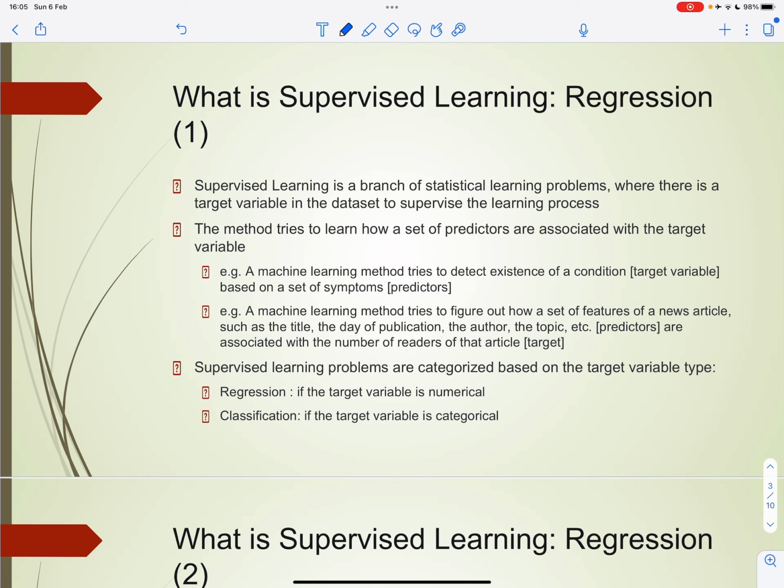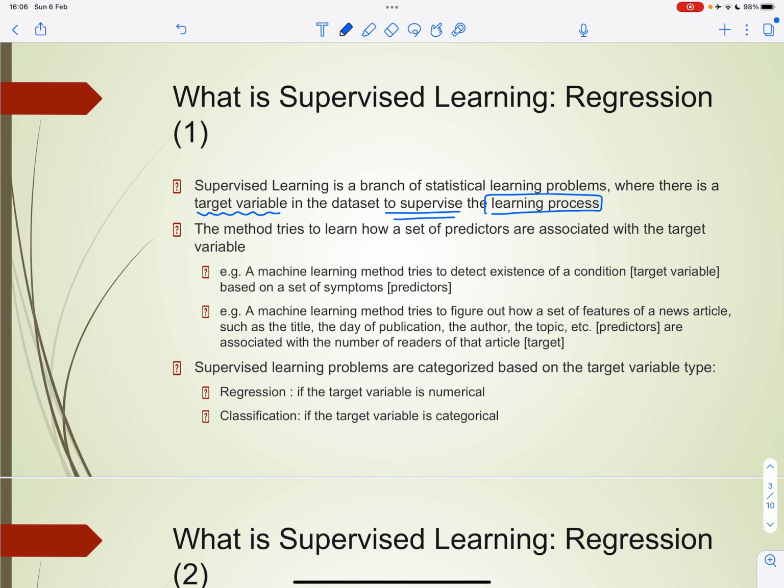Okay, so what is supervised learning for regression problems? Supervised learning is a branch of statistical learning problems where there is a target variable in the data set to supervise the learning process.